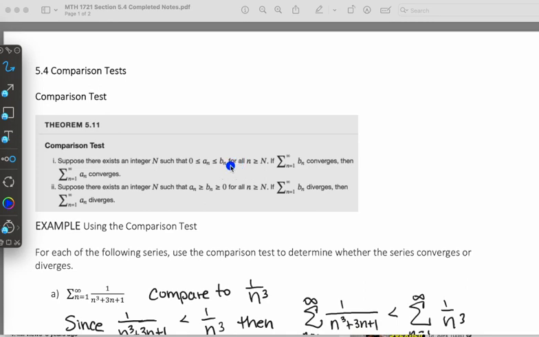And if the series that we're trying to determine if it converges or diverges is less than that series, then we know that that series converges as well. Now, if we find a series that we know diverges, and we know the series that we're trying to determine if it converges or diverges is greater than that series, then that series must also diverge.